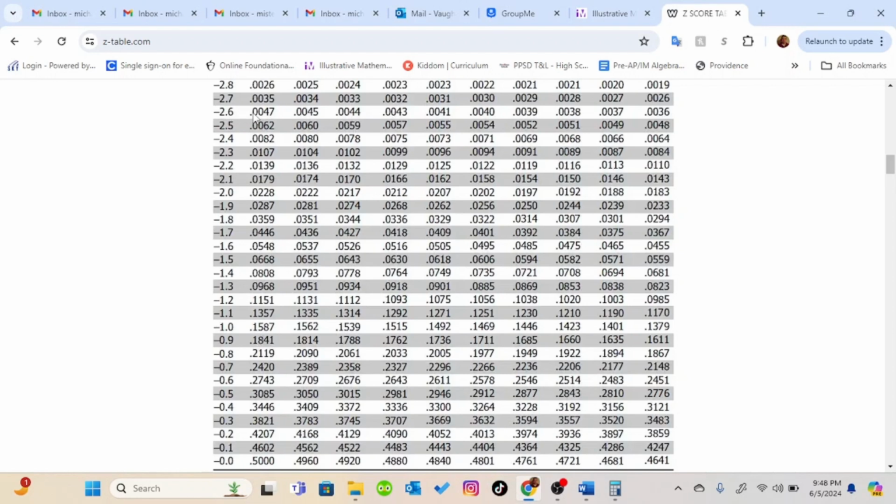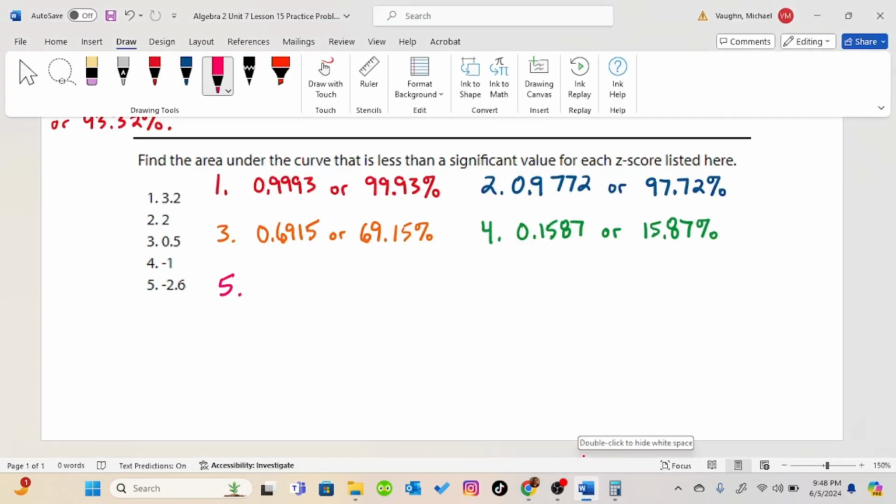We go to the right, and our first number is 0.0047, or 0.47% of the area under the curve is less than a z-score of -2.6.